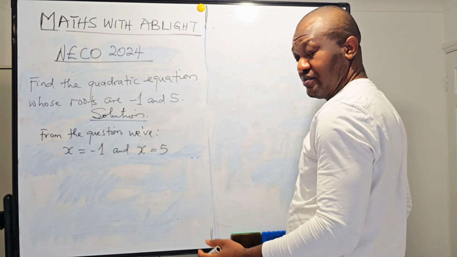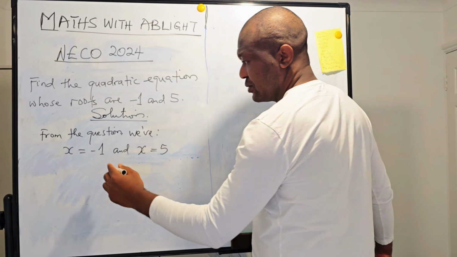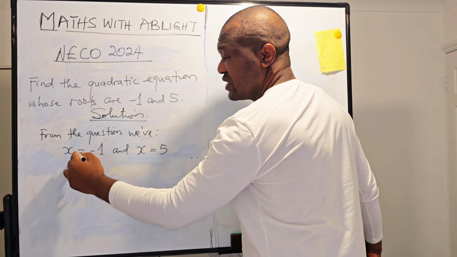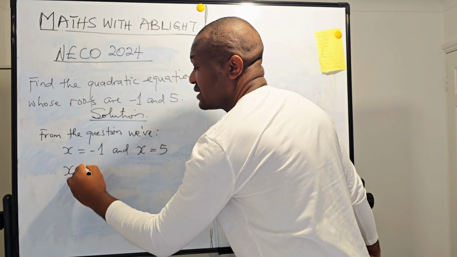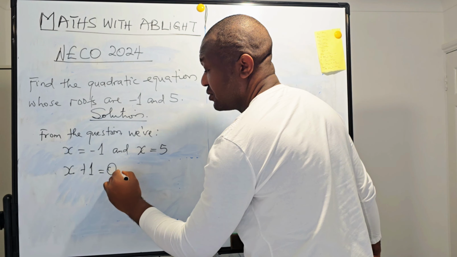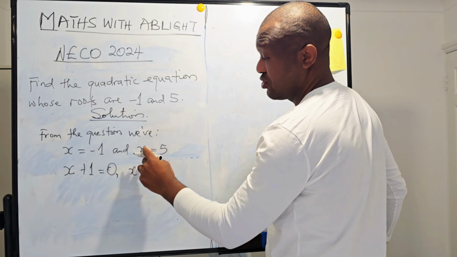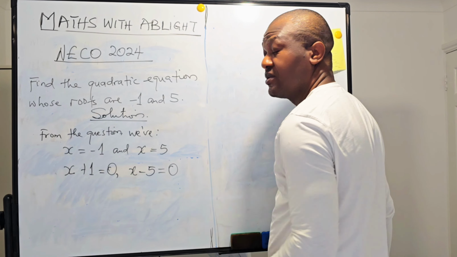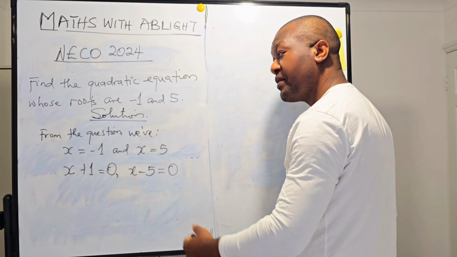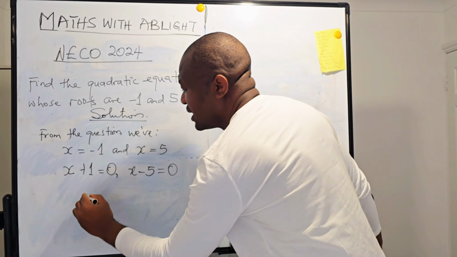So what do you do? You transfer everything to the left-hand side and equate it to 0. 1 crosses to this side, it becomes x plus 1 equal to 0, comma, x minus 5, because it's crossing to this side, is equal to 0. Combine the terms together, multiply them, find their products.